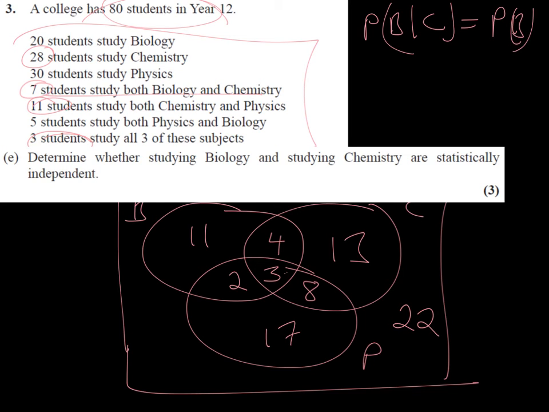Because essentially what you're saying here is it makes no difference whether or not you're choosing chemistry. If these two events are statistically independent, it doesn't matter whether or not you choose chemistry, the probability that you choose biology is the same.